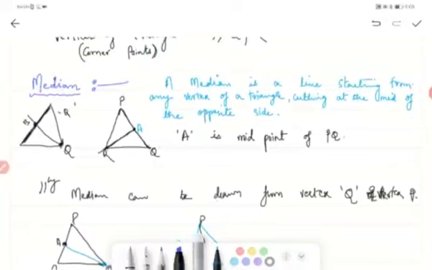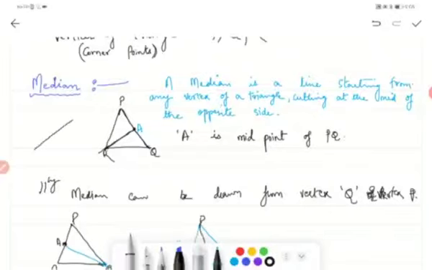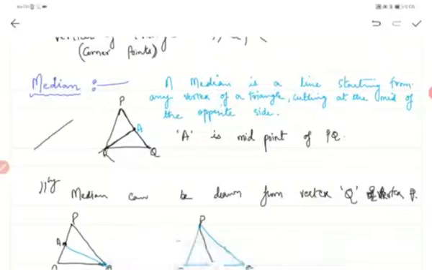See, median is just a line, which is passing from a vertex. It can be any vertex of a triangle, and it passes from the vertex to the opposite side, and it cuts the opposite side at the midpoint.